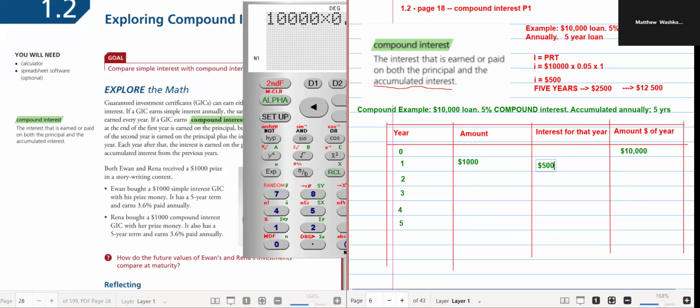I gain $500 of interest, right? That's the calculation up here. Now the amount for that year means I end up with $10,500, right?